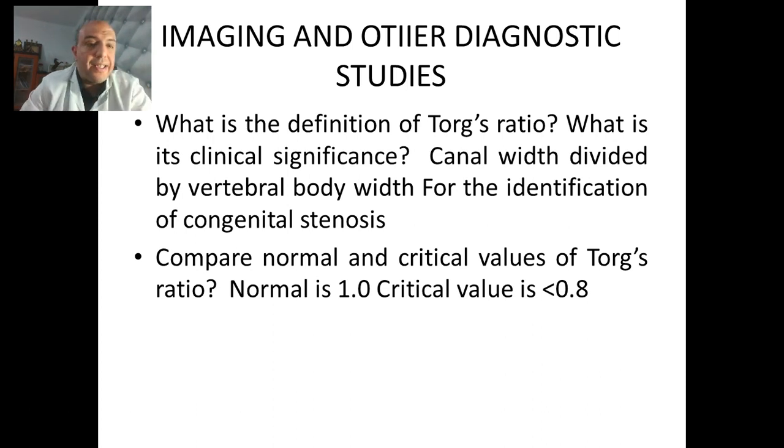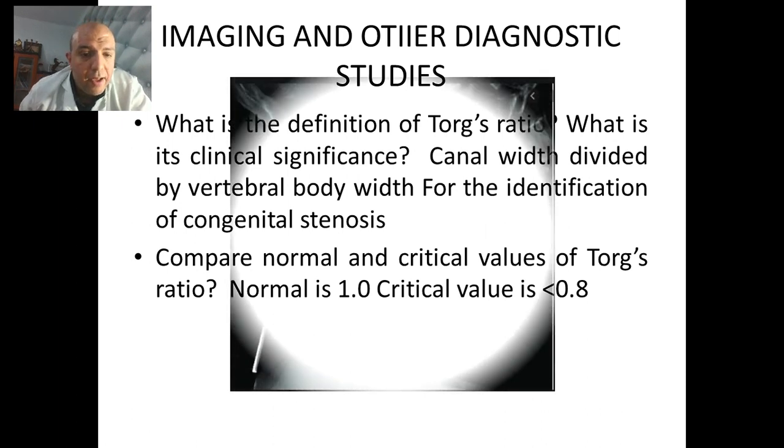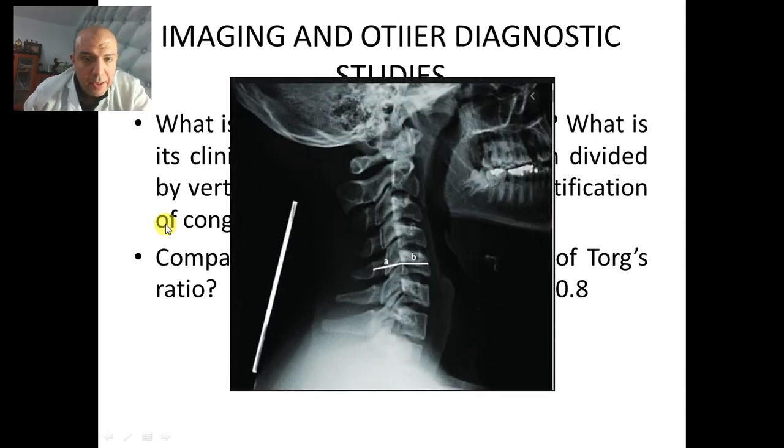I inform you about congenital narrowing of the cervical spine. In imaging, plain X-ray could detect this congenital narrowing. Suppose that the distance between the posterior border of the vertebrae and the spinolaminar line, this part is the posterior part of the spinous process, and just the attached part is the lamina.